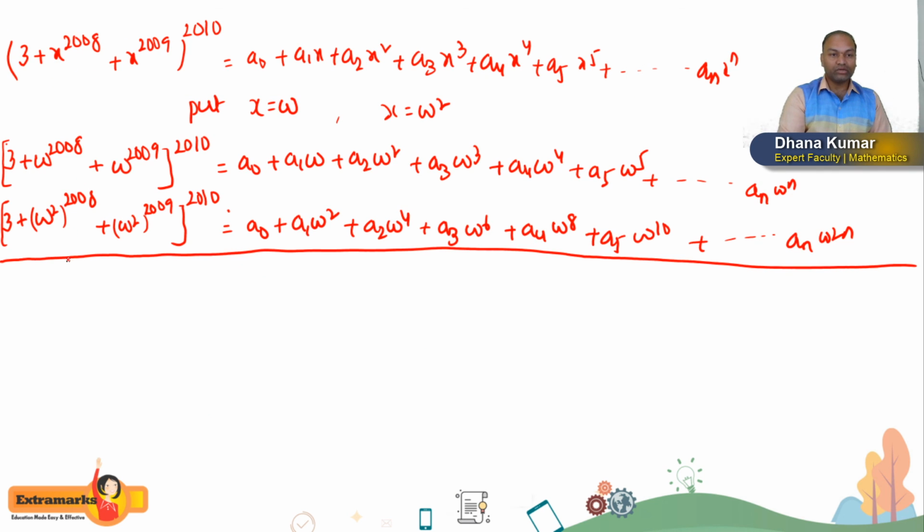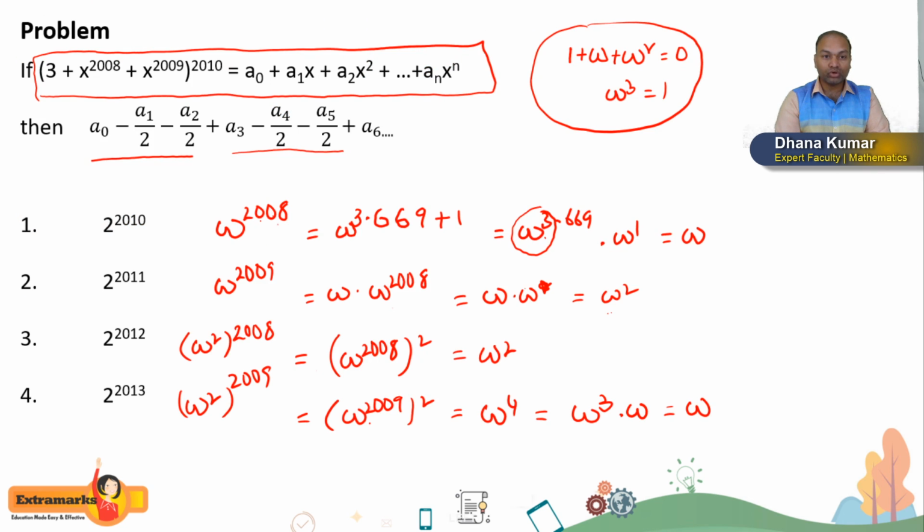Fine. These four values I am substituting in this equation you see. So add these two equations. At a time I am writing 3 plus omega power 2008, which is omega we got. Fine.